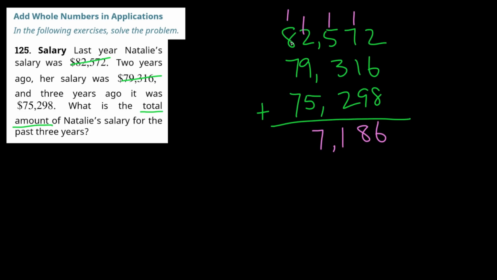We have 1 and 8 is 9, plus 7 is 16, plus another 7 is 23. So we have the number 237,186. But we've got to remember the units, and the units, they're asking for the salary, or in this case, it's going to be how much money she made. So she made $237,186.